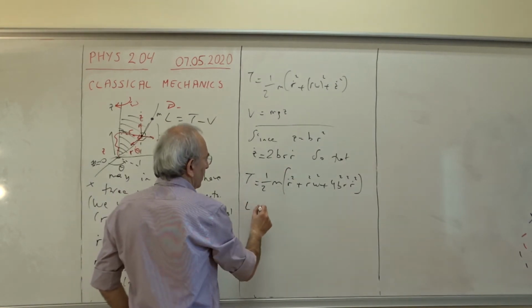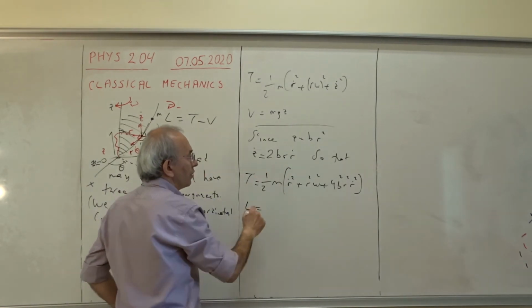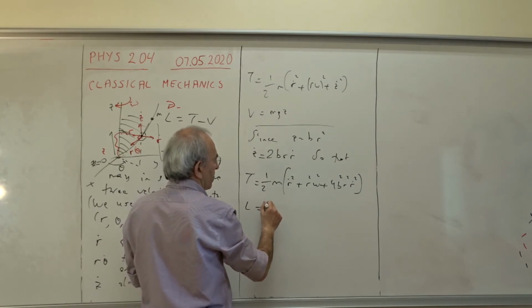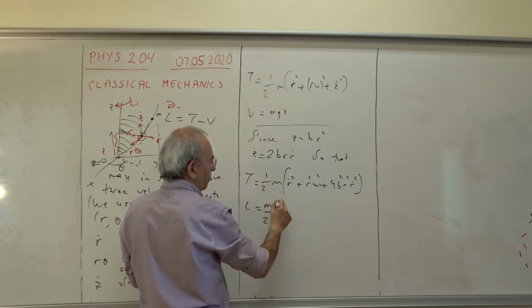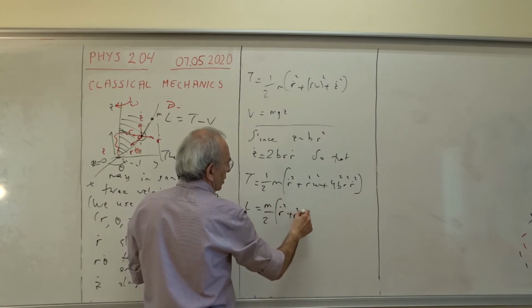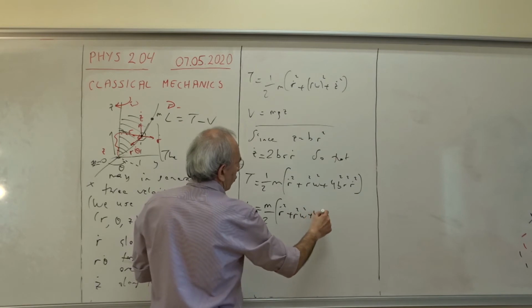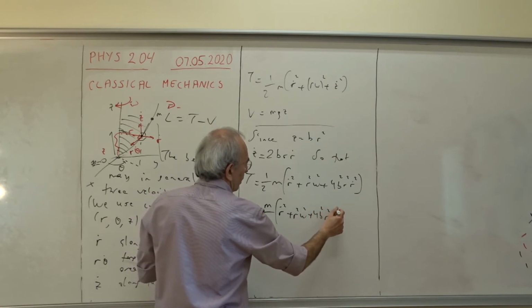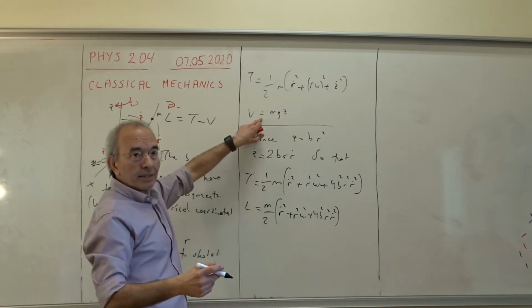And L is therefore T minus V. So we have m over 2 times r dot squared plus r squared omega squared plus 4b squared r squared r dot squared, minus mgz.